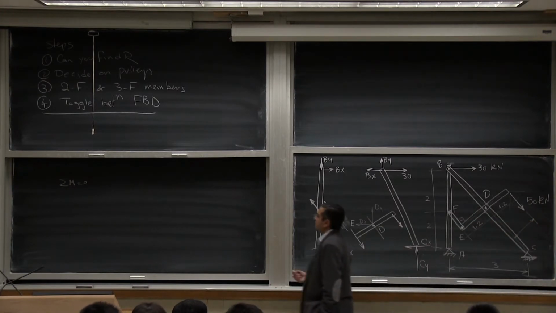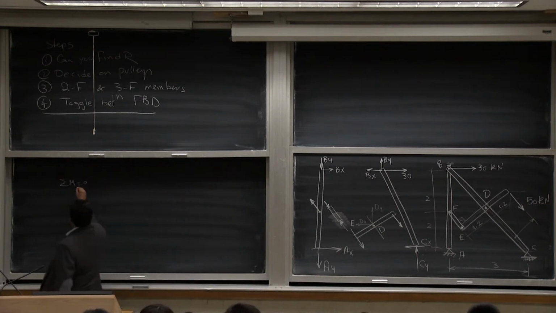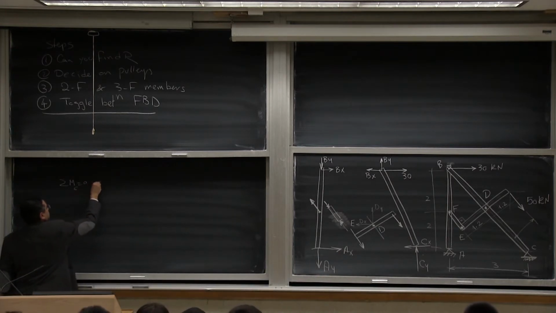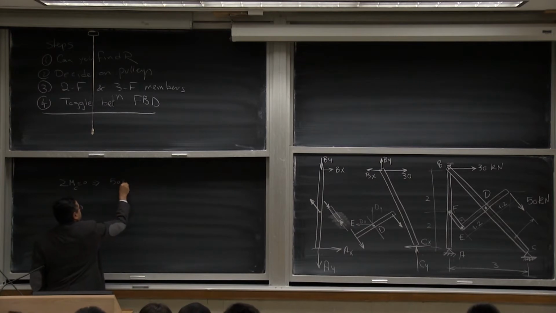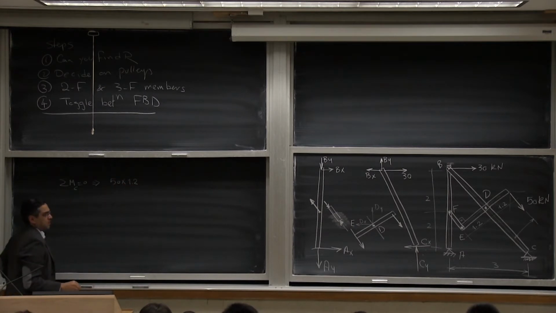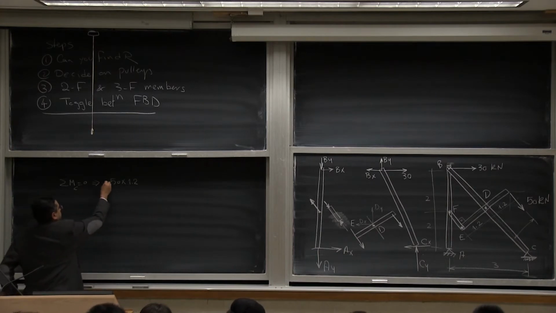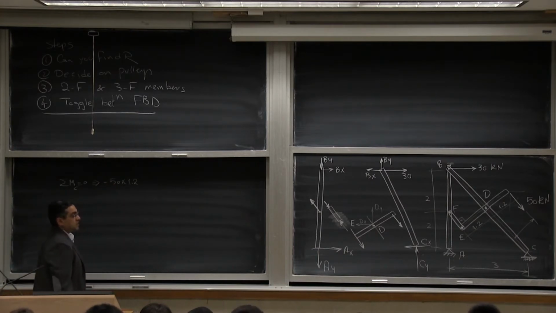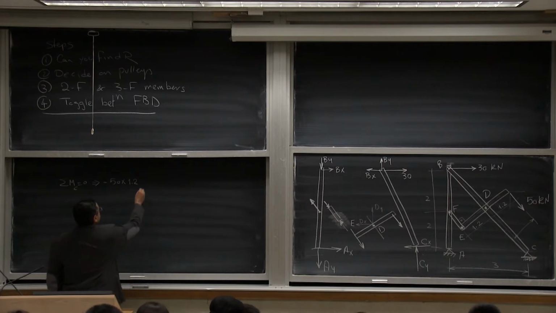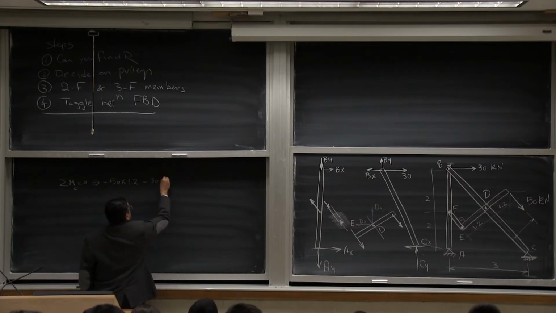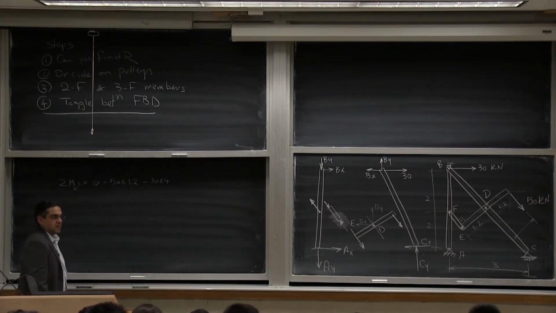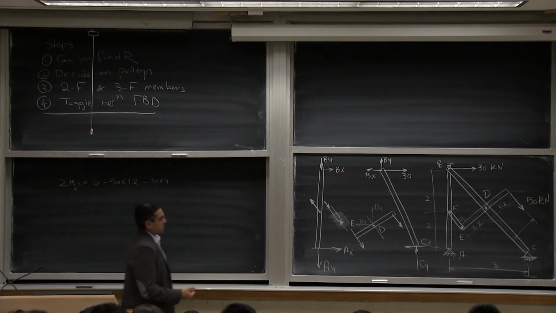And so if I say sigma MC equals 0, that means the 50 multiplied by 1.2, and this is negative. Do I have anything else? Yes, I have the 30 multiplied by 4. That must be equated by what?